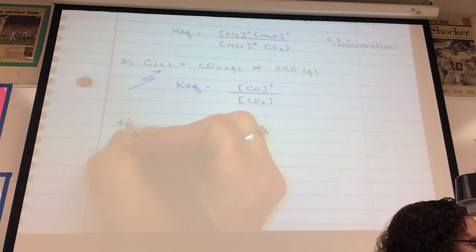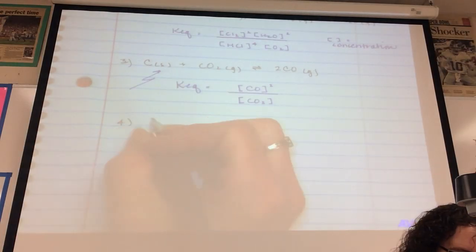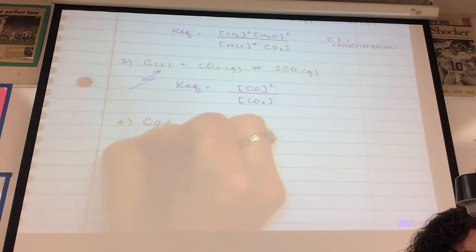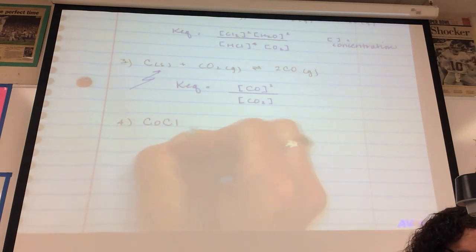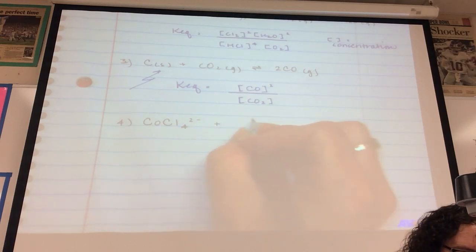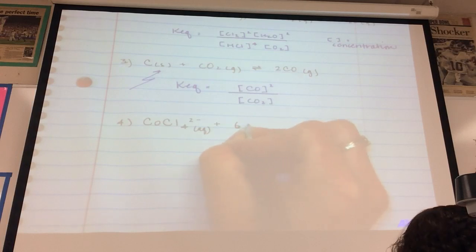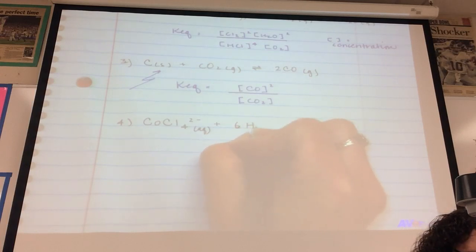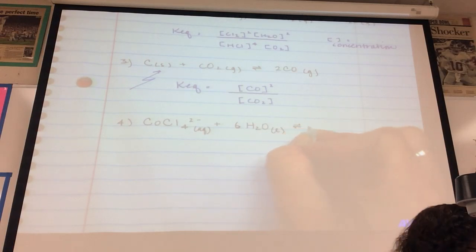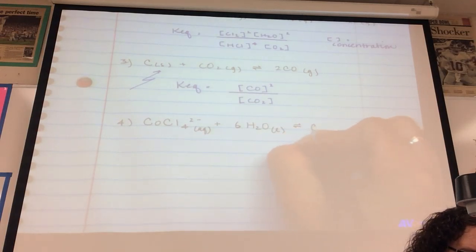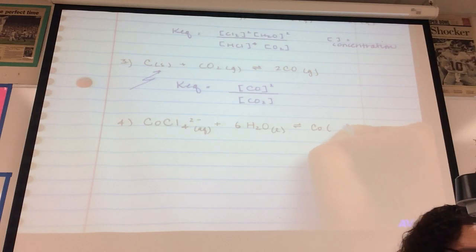All right, the last one looks really funky, but I gave it to you because this reaction is similar to the one that we're going to run in the lab, so I didn't want that to be a surprise to you. You've got complex ions here, so they really look a little crazy. Those charges are important in regard to what the substance is.